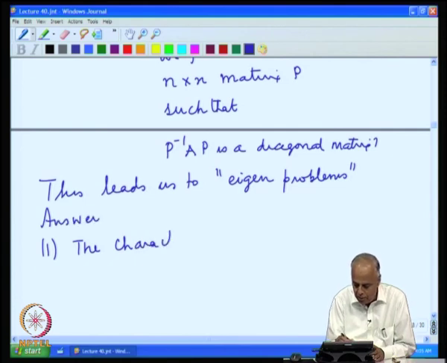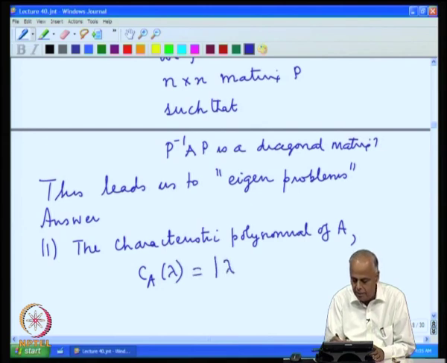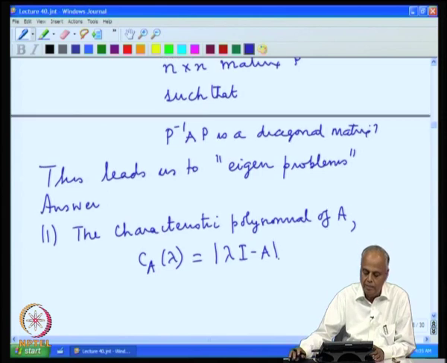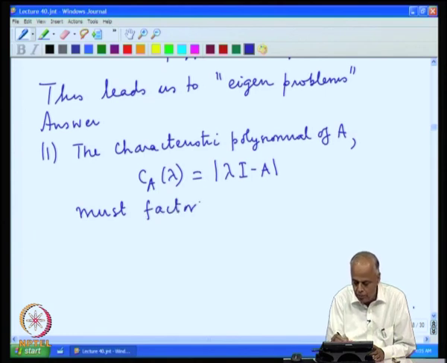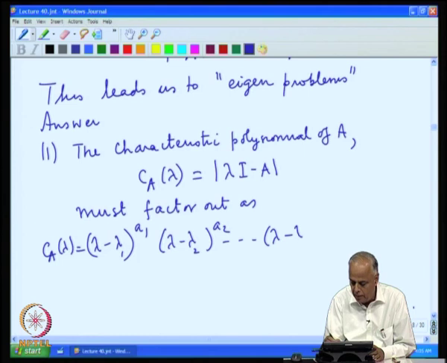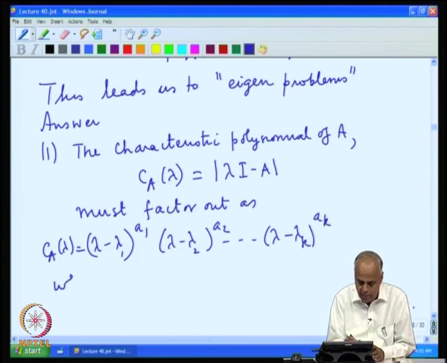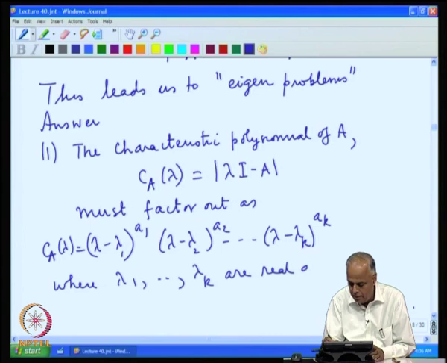The characteristic polynomial of A, which is defined as c A of lambda equal to the determinant of lambda I minus A, must factor out as lambda minus lambda 1 to the power of a 1, lambda minus lambda 2 to the power of a 2, up to lambda minus lambda k to the power of a k, where lambda 1, lambda 2, lambda k are real and distinct.